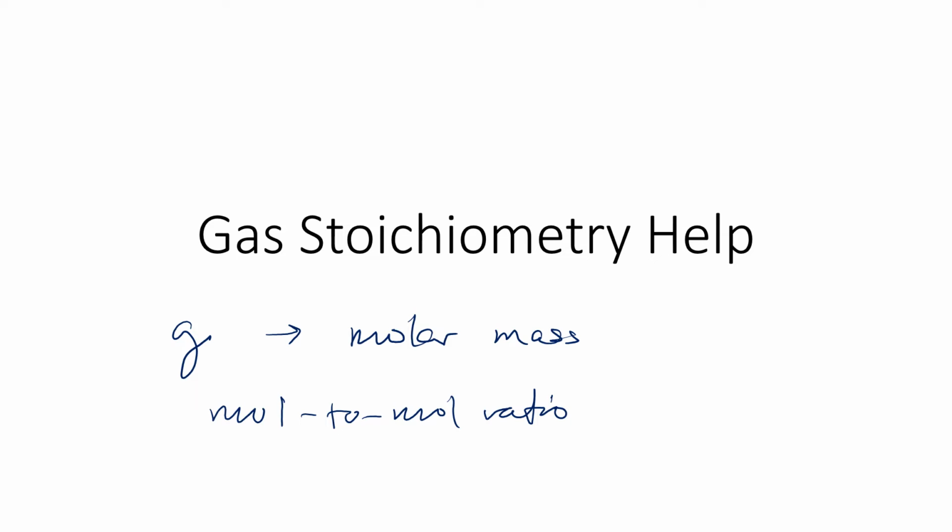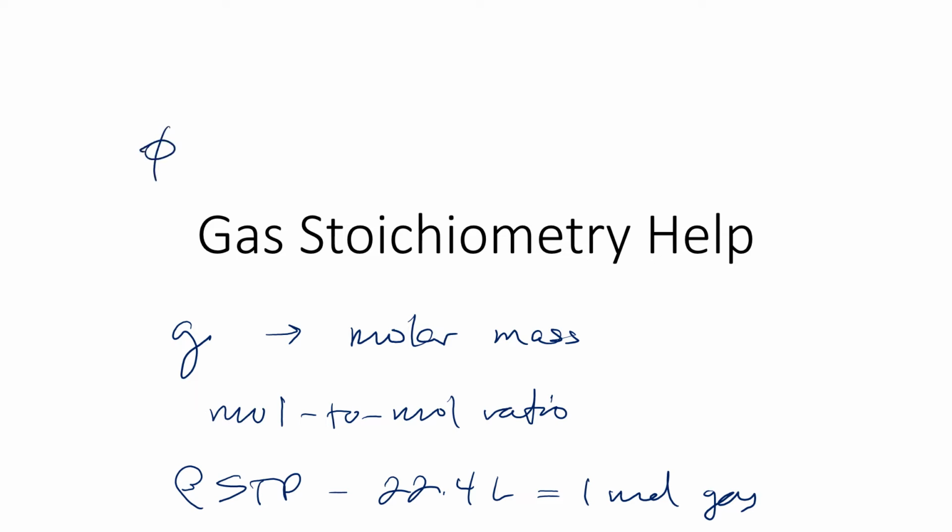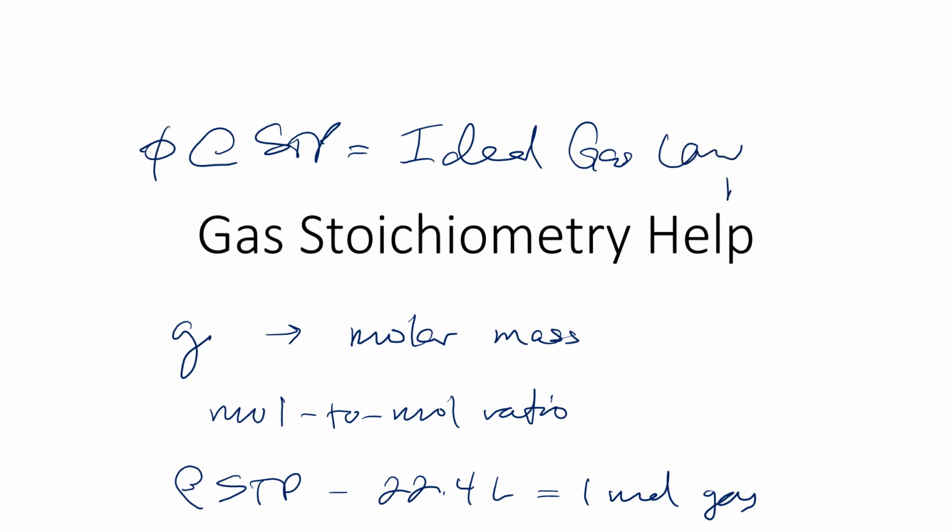If you see a gas at STP, that means you can use the 22.4 liters of a gas equals 1 mole of a gas, only for gases. If it's not at STP, you should probably use the ideal gas law. That's PV equals nRT.